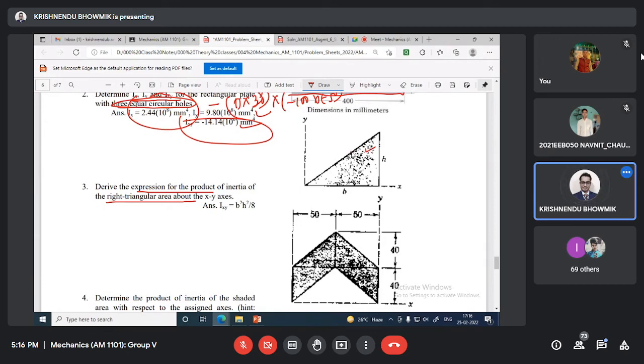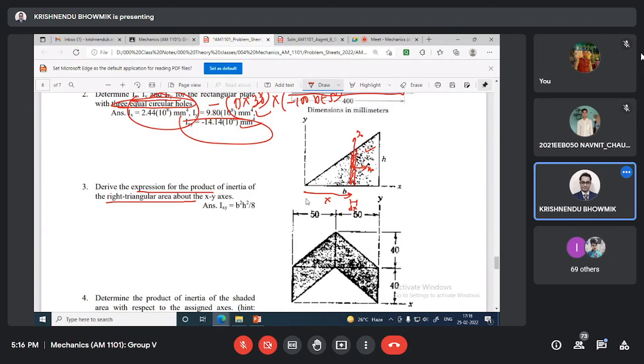We can consider one small strip like this, where this middle it is x, it is dx, and for elements, this is x0, this is y0.